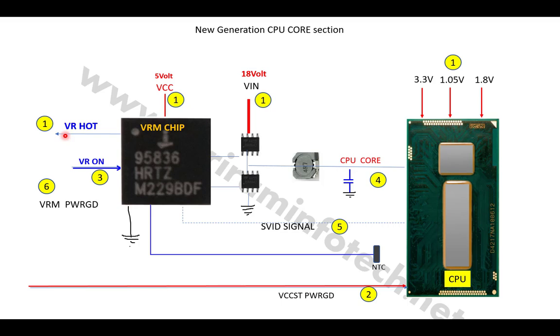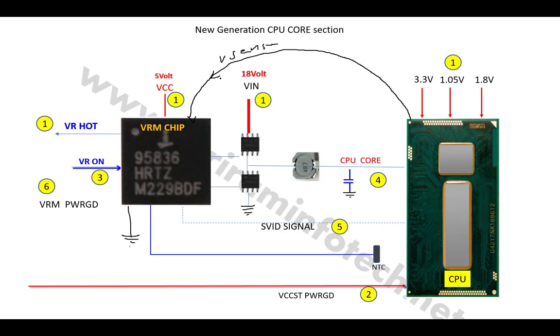Okay, so here the output is 1 volt, then the 5 volt is here, and there is one more signal called vsense. The vsense is a signal coming from the CPU to the VRM chip. It's a signal detecting the CPU. That means the VRM chip detects whether the CPU is present or not, and that signal is called vsense.